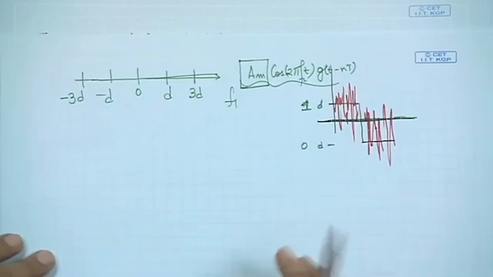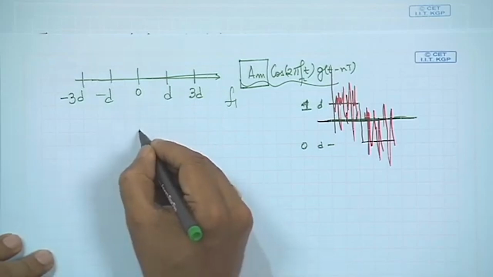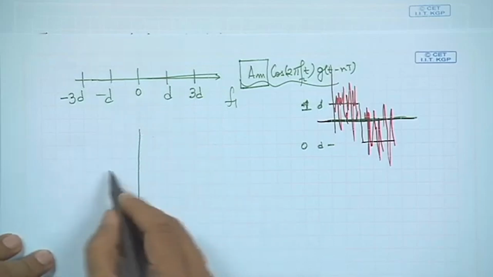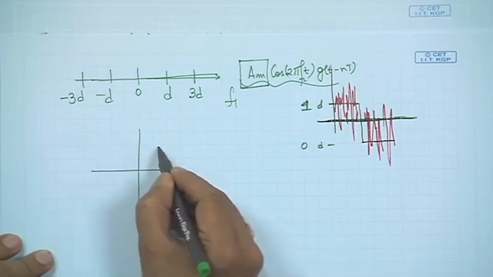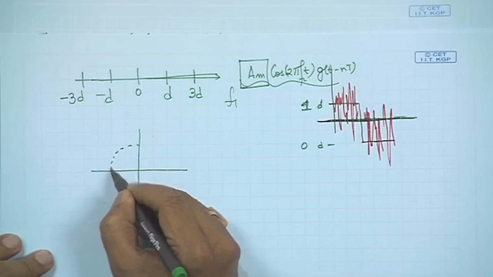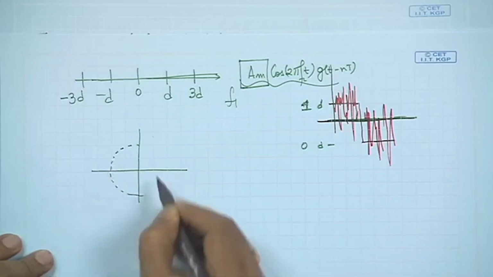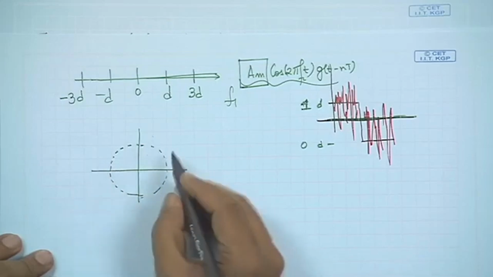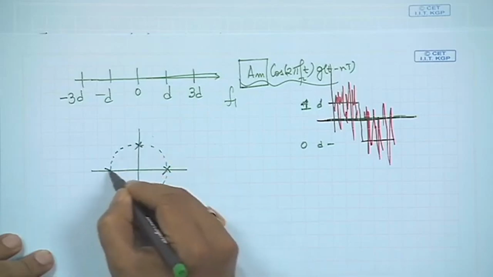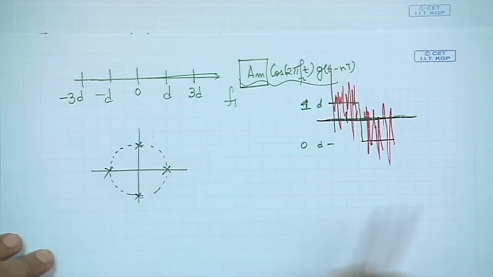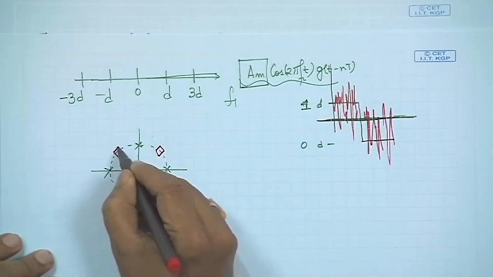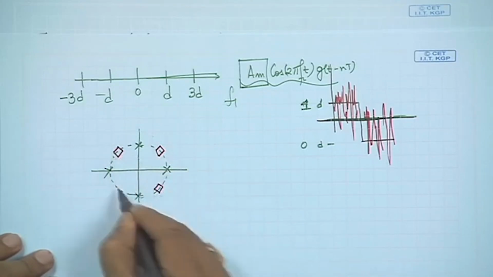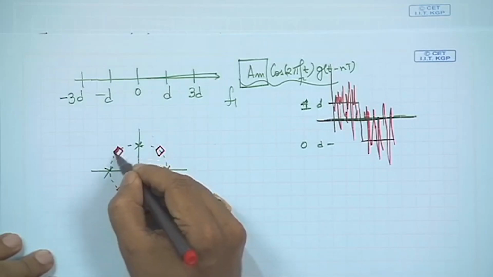So, when we studied the next constellation, we studied QPSK. Either this could be one constellation or this is pi by 4 shifted QPSK.